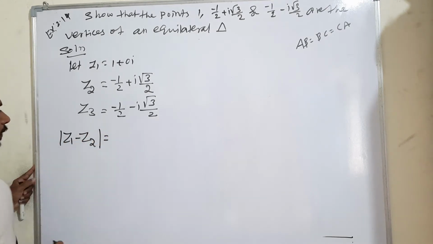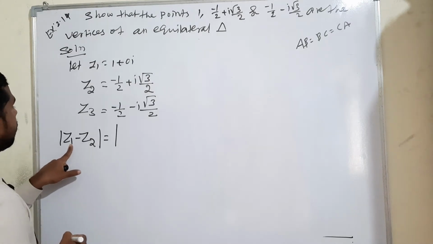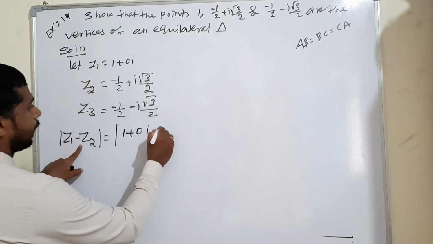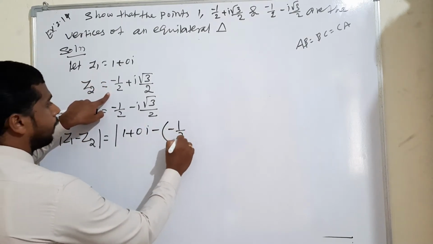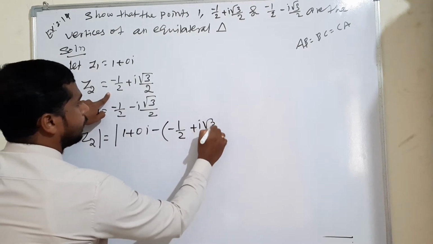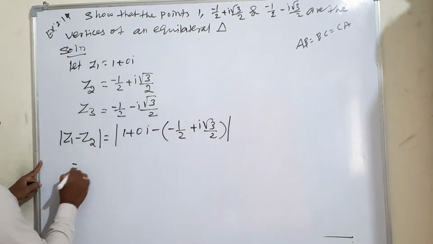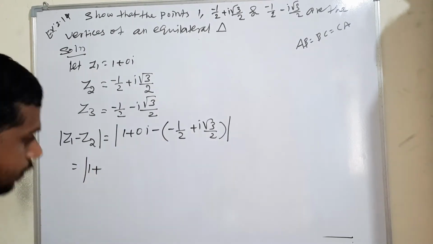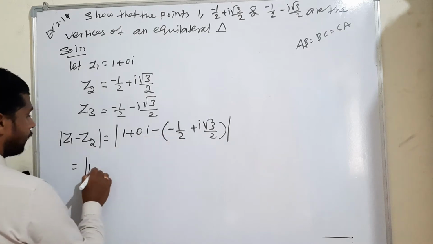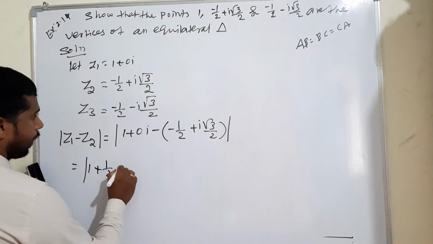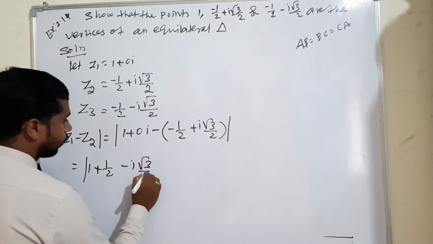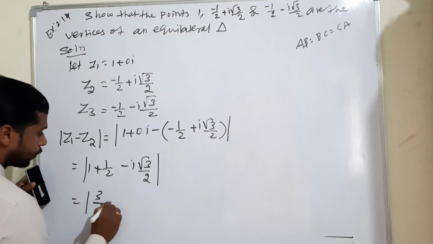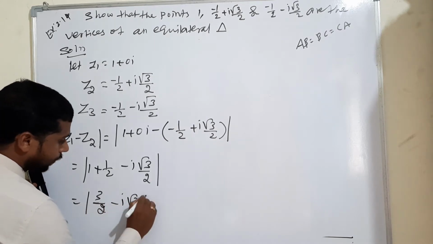Z1 is 1 plus 0i, minus the bracket of minus 1 by 2 plus i root 3 by 2. If you remove the bracket, minus into minus gives plus 1 by 2, again minus i root 3 by 2. Then 1 plus 1 by 2 means 3 by 2 minus i root 3 by 2.